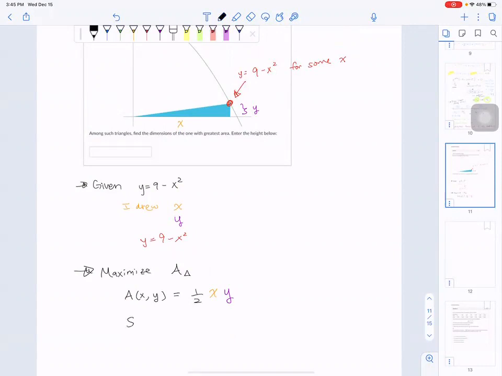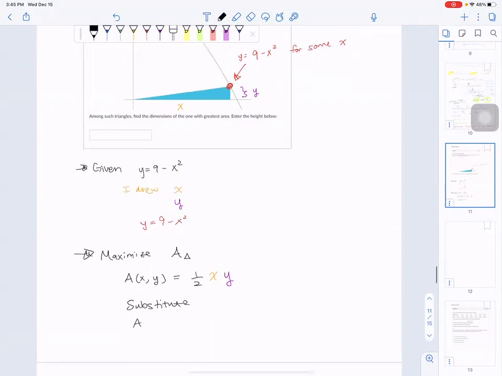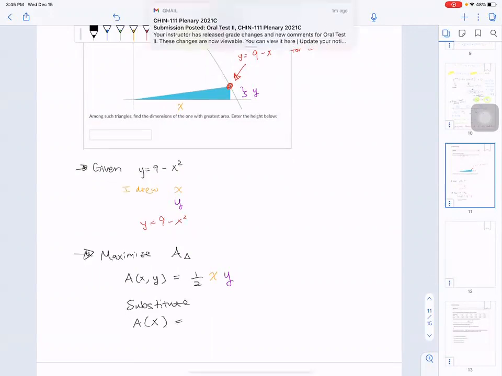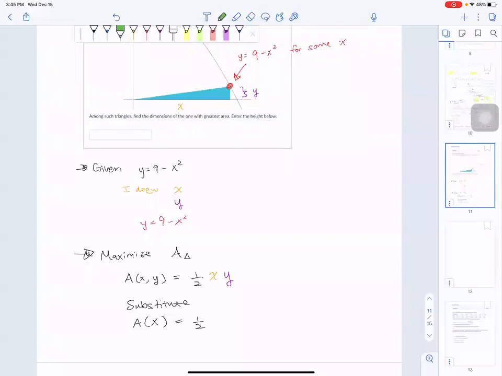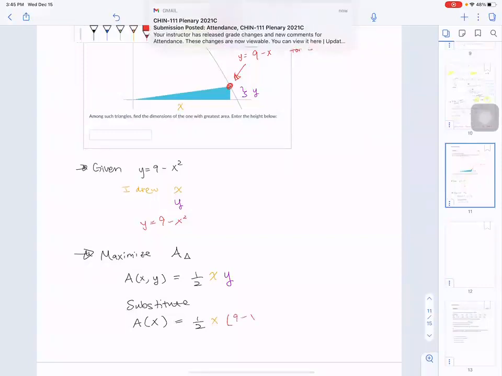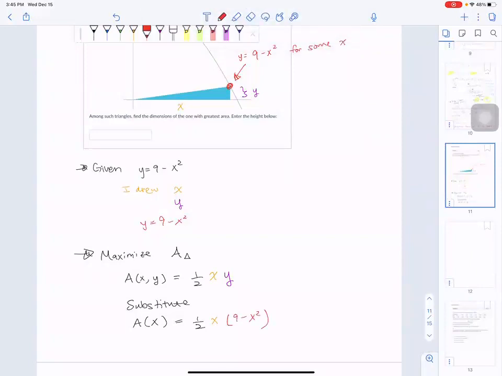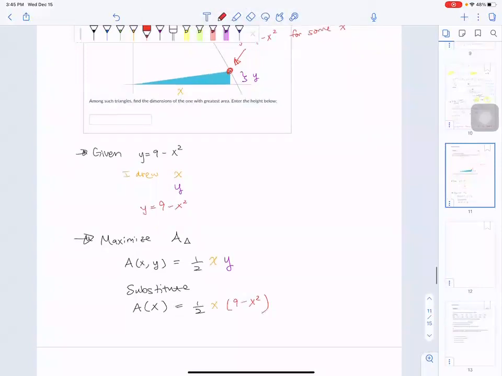So it's 1/2 times x times 9 minus x squared. Let me distribute: 9/2 x minus 1/2 x cubed. This is our function right now.